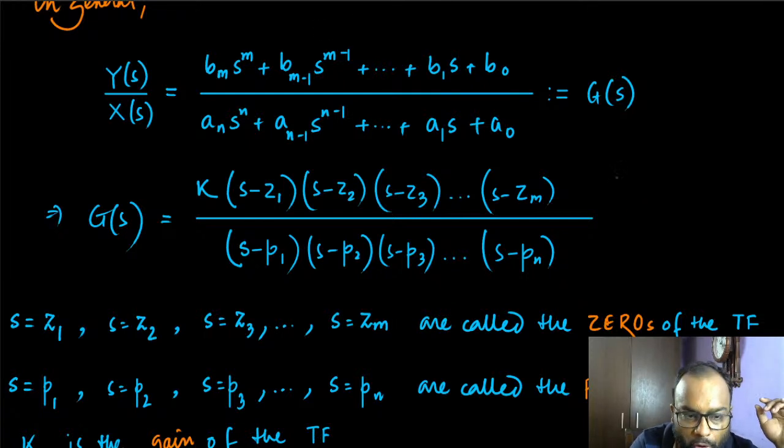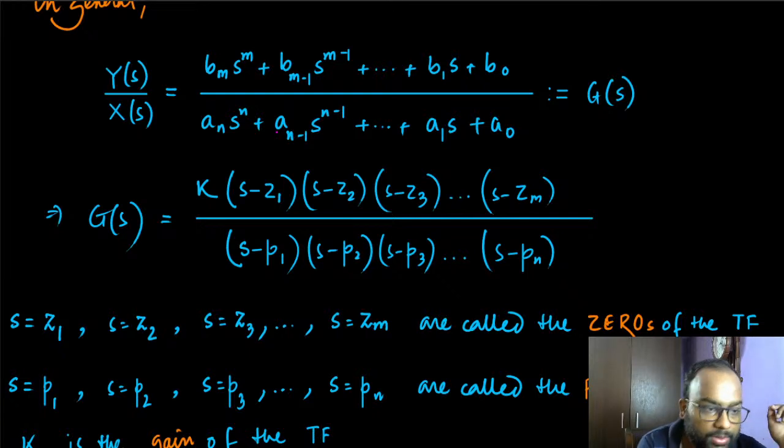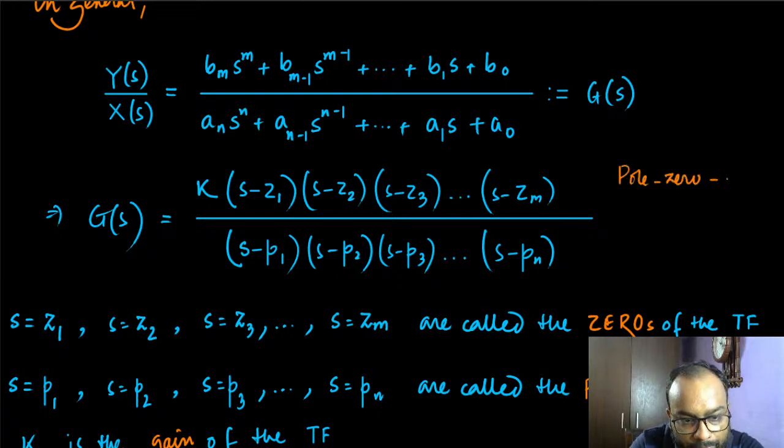It is known as the pole zero gain form of a transfer function.